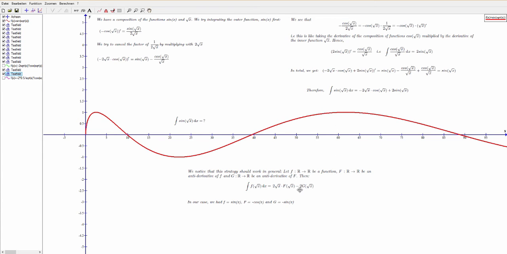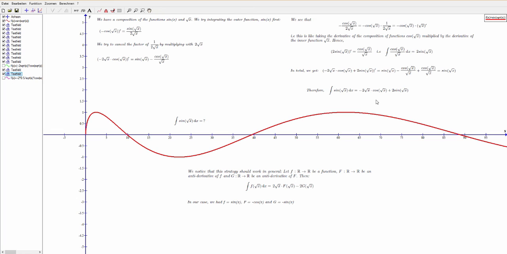And then minus 2 capital G of square root of x. And capital G was just integrating small f twice, or integrating sine twice. After the first integral we get minus cosine, and then after the next integral we get minus sine. And this does work. We have here minus 2 times minus sine, which is just plus 2 sine of square root of x. So this formula did work in our case.